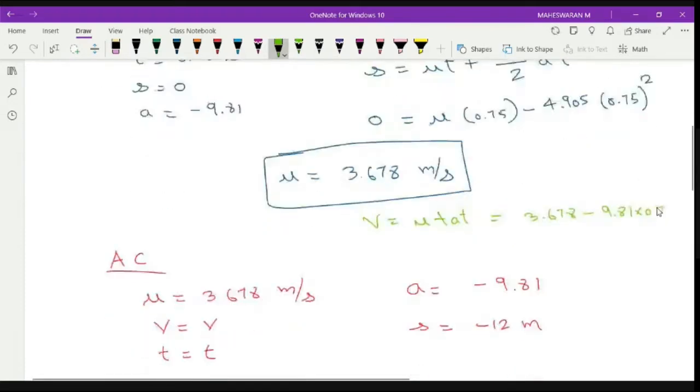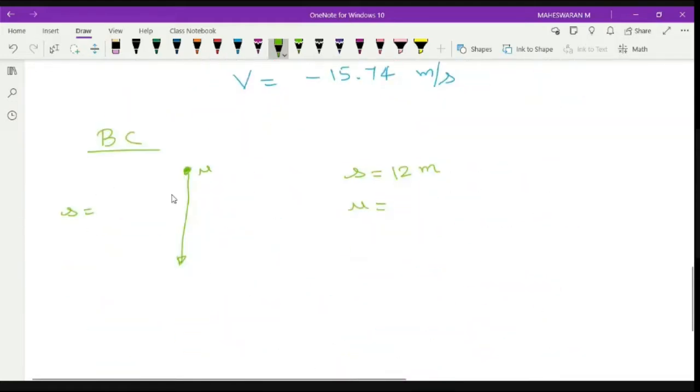What is the value you are getting here? Minus 3.67. Yes, sir. Correct. So the same value. Now the direction you consider is positive 3.67, since the minus indicates downward direction.